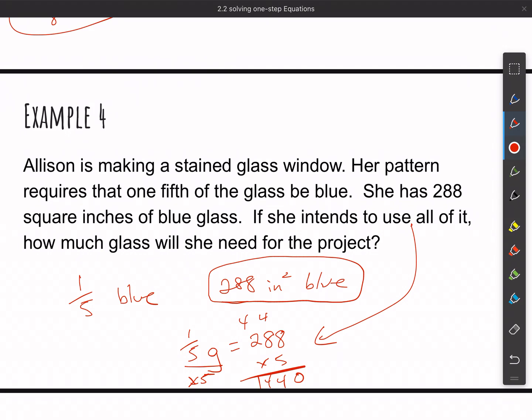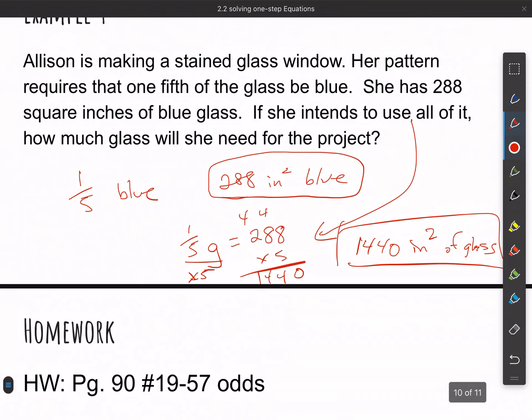So altogether, we need 1,440 inches squared of glass. So that's a real world problem.